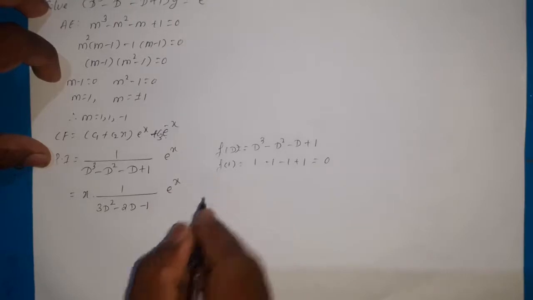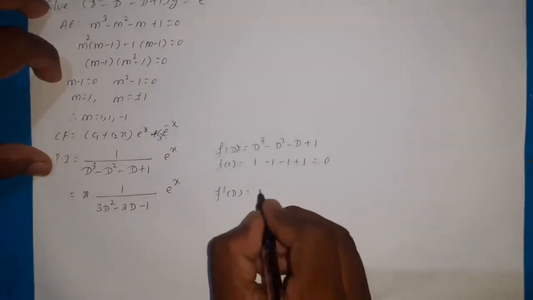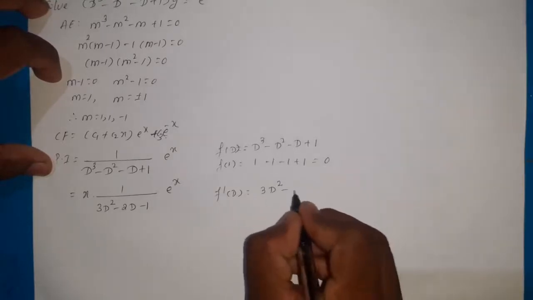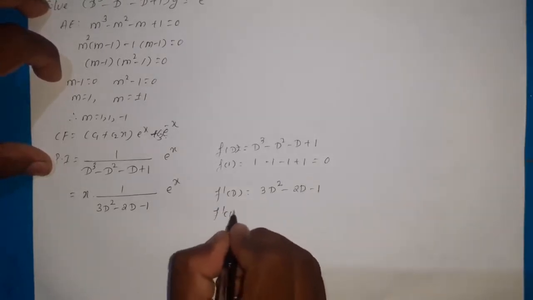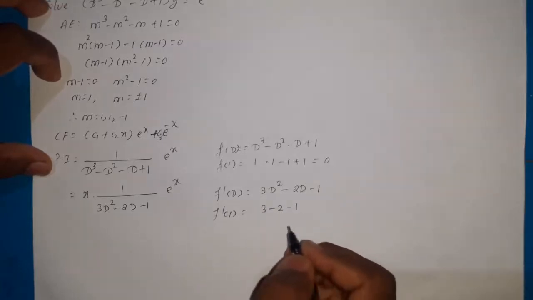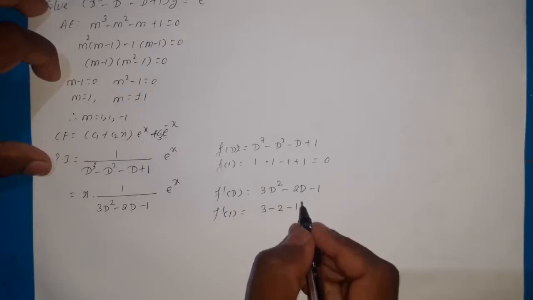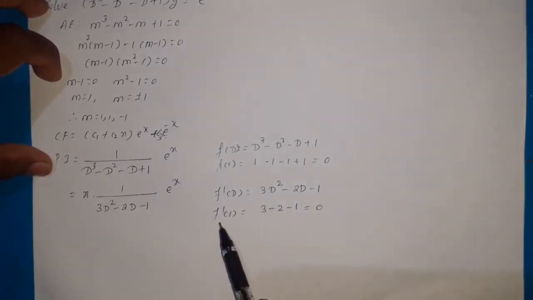Now f dash of D is 3D square minus 2D minus 1. Then f dash of 1 is 3 minus 2 minus 1, substituting D equal to 1, which is equal to 0. Means again the denominator is 0.